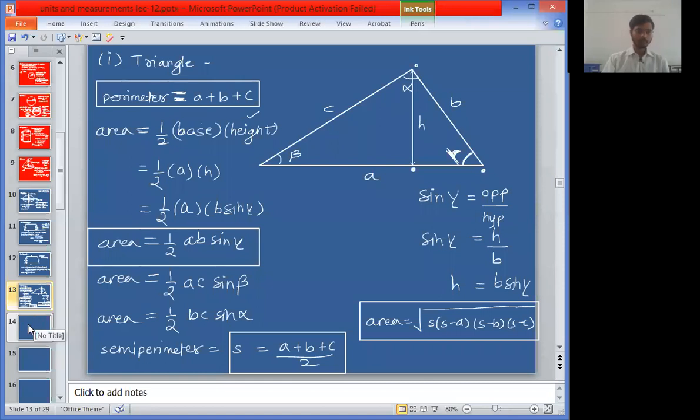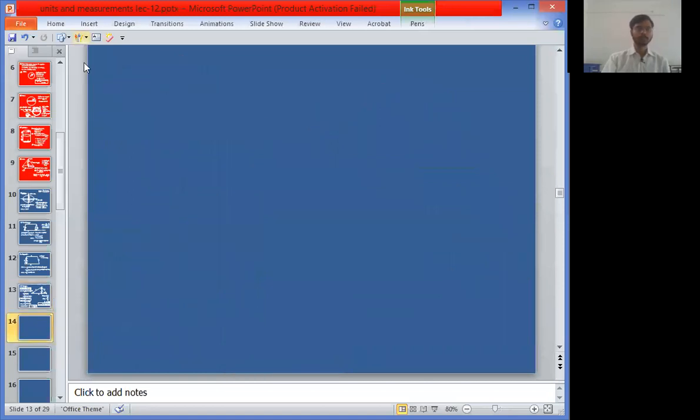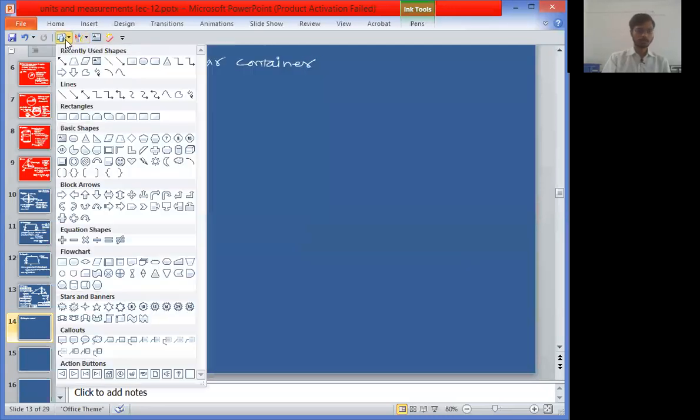Now the next object is object number H. Rectangular container. Write down. It's a three-dimensional object. Do we have the rectangular container here?